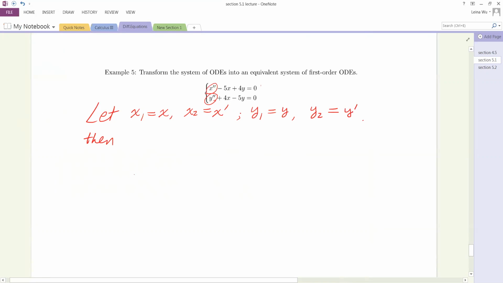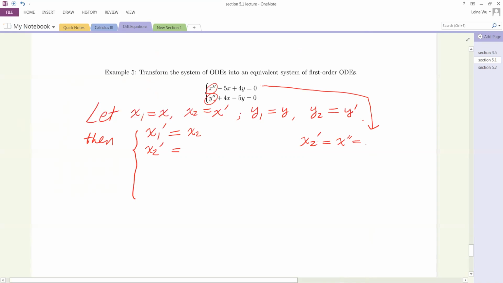Then we would have X1 prime. Derivative of X1 is X prime, which is X2. And then X2 prime, which basically, okay, let's do here. So X2 prime, we understand that's X double prime, right? And based on this equation, number one, do we know what's X double prime?